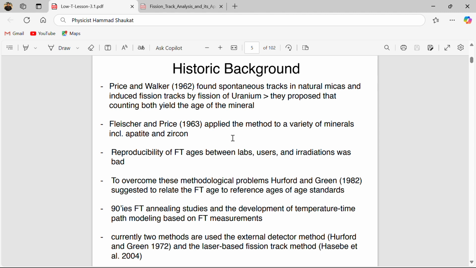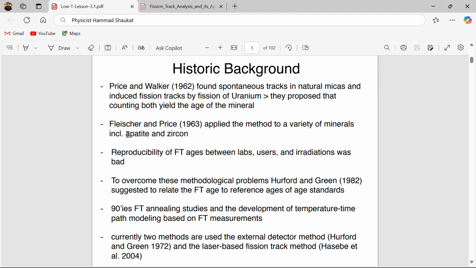They proposed that counting both yields the age of the mineral. So these are the two scientists who found in 1962 the tracks in natural mica and the induced fission tracks of uranium. Then they proposed their count rates for the age of any material. You can say the age of the mineral.